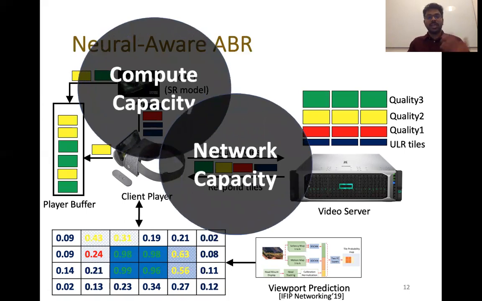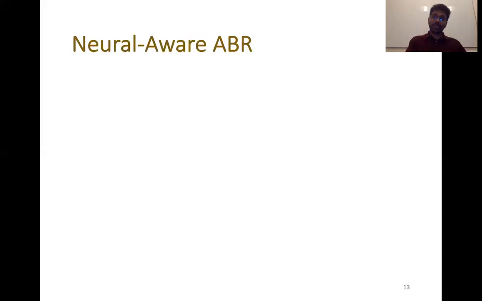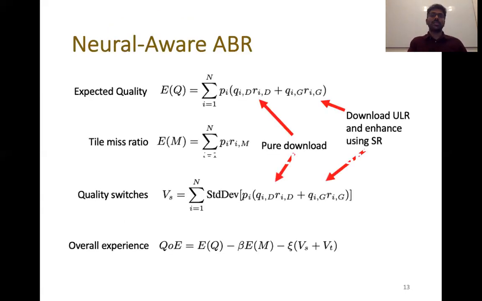So the way we achieve this overall high average quality is by modeling this compute and network capacity using several quality of experience metrics. For example, we have the average expected quality, which is a combination of the downloaded tiles as well as the generated tiles using the super resolution.